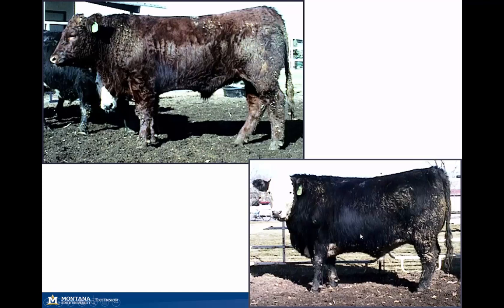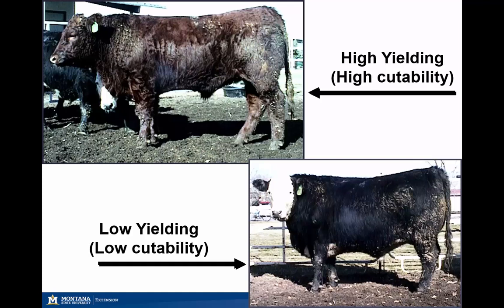So this animal is extremely fleshy, very high amounts of tailhead fat, brisket is full, very large fat cover over the rib section here. So if we think about it in terms of yield grade or cutability, this top left animal is going to have a high cutability, high yielding, because he does not have the fat cover that this animal has down here in the bottom right.